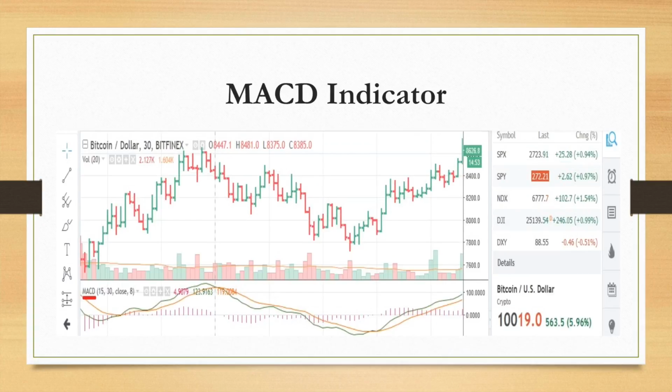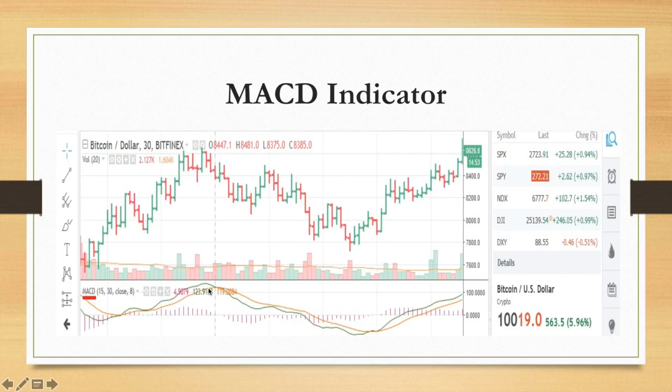Jumping right into that, we have the MACD indicator. When I'm reading the MACD indicator, I look at the signals here. You can see the green line on the left-hand side. Once the green line goes up through the orange line, that's when we know the price is getting ready to move up in a bullish type of trend, and vice versa.